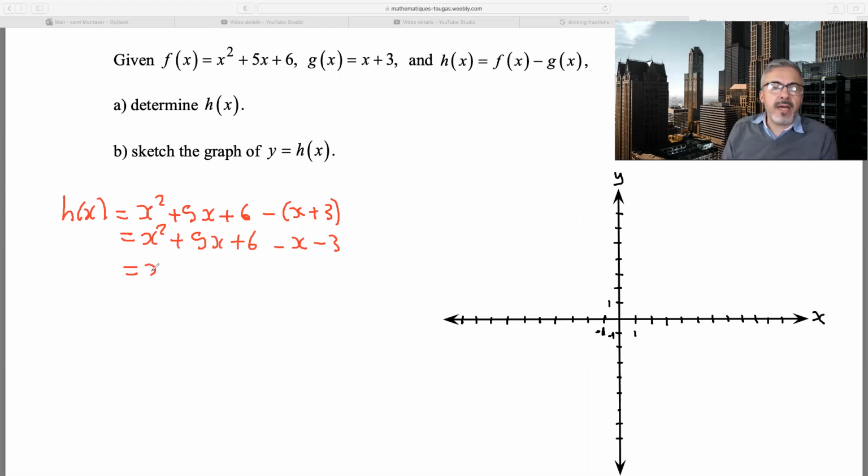So that's x squared plus 4x plus 3, and that's the answer for A.